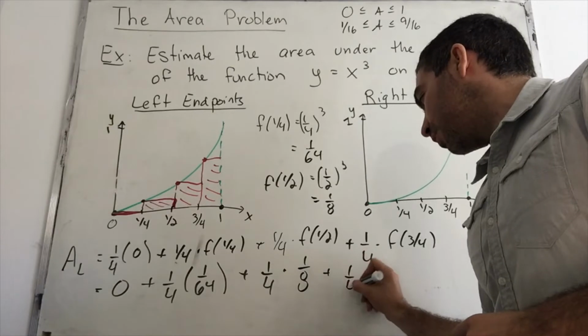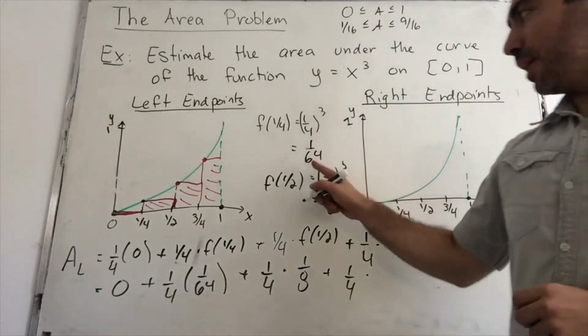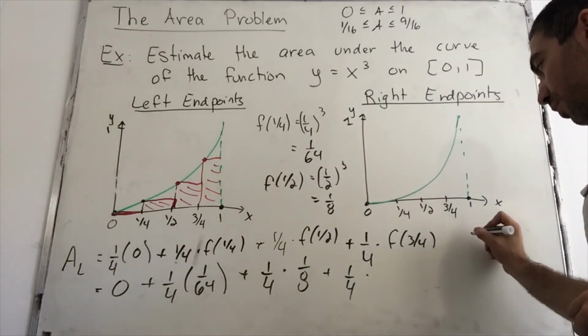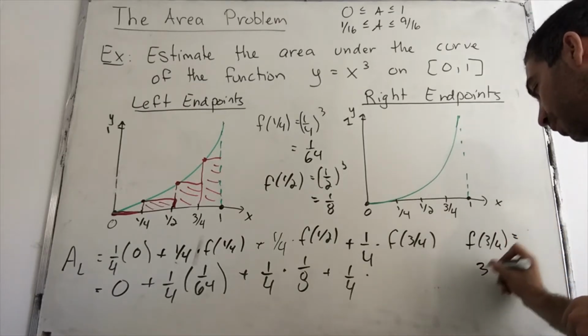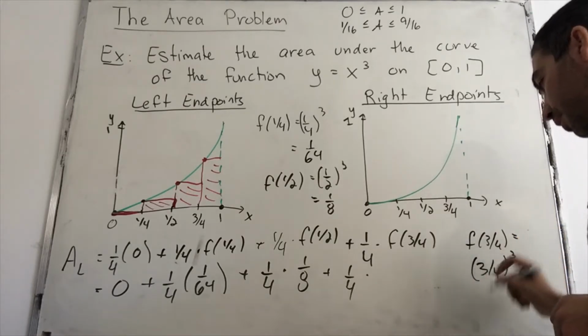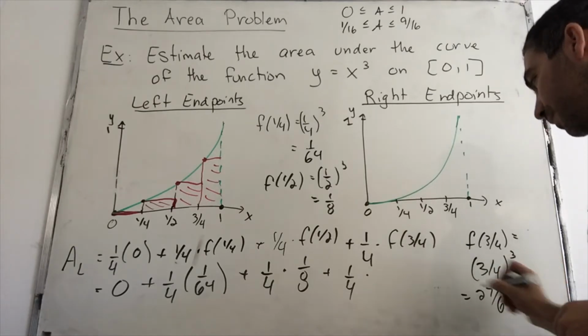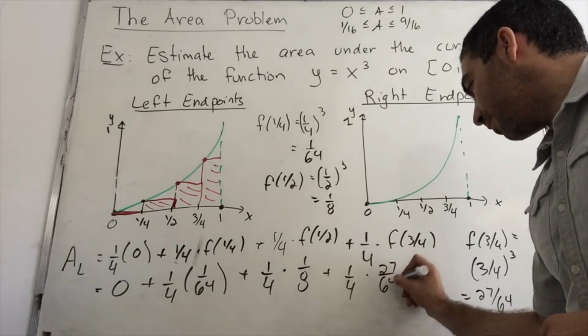And a quarter times f of 3/4 is essentially the same thing, but on top we'll have 27. So f of 3/4 is equal to 3/4 cubed. So 3 cubed is 27 and 4 cubed is 64. So we have a quarter times 27 over 64.